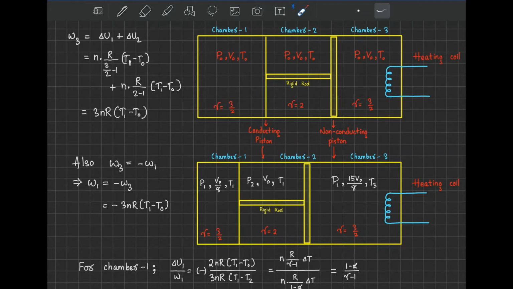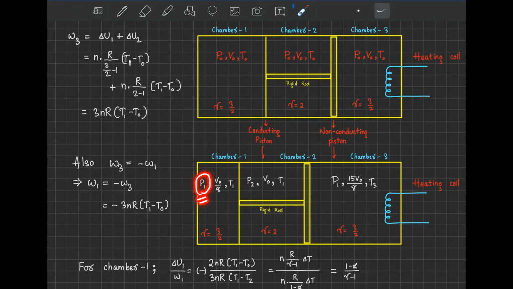Chamber 1, initially, has P0, V0, T0, and so do the others, right? Finally, let's say chamber 1's pressure will change to P1.